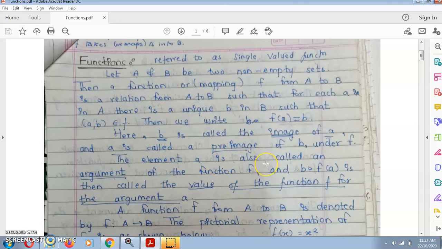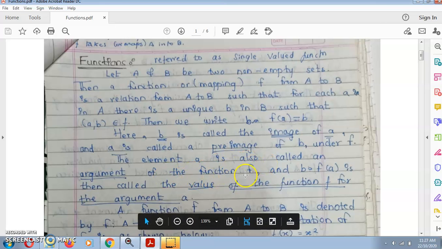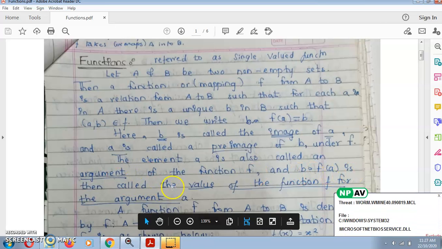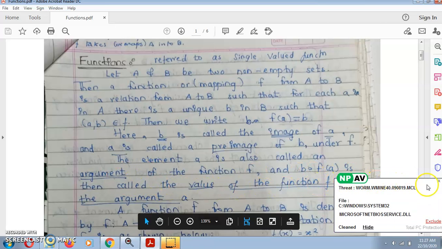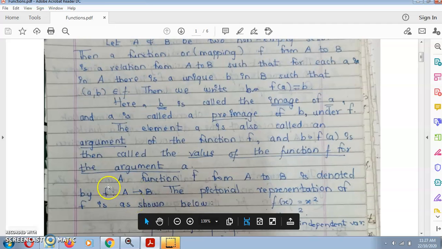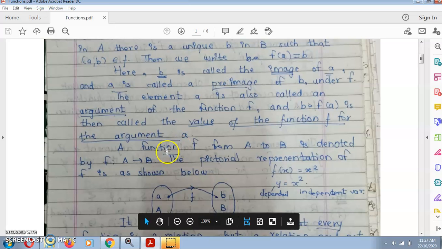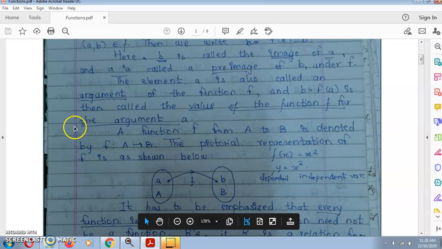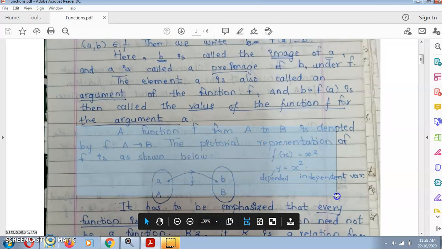The element a is also called an argument of the function f, and f of a is called the value of the function for the argument a. We will see this in the examples when we take different types of examples, which will definitely help you to understand.